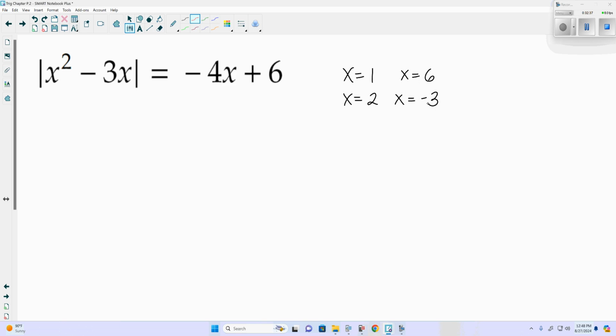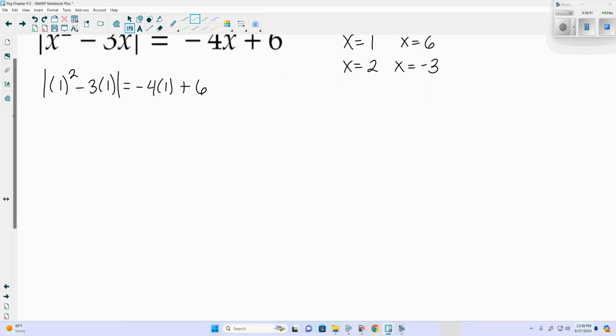Which one of these do we want to check first? 1. So we evaluate the absolute value of 1 squared minus 3 times 1 is equal to negative 4 times 1 plus 6. At this point, the yellow calculator doesn't do absolute values. I'll show you how to do it on the graphing calculator here in a minute.